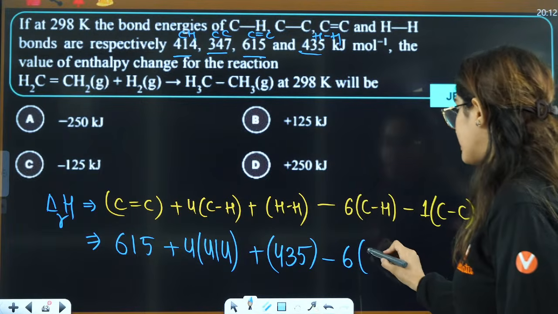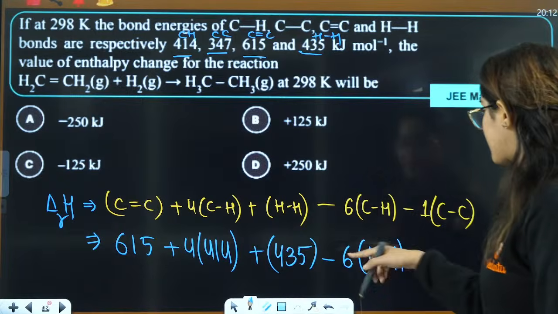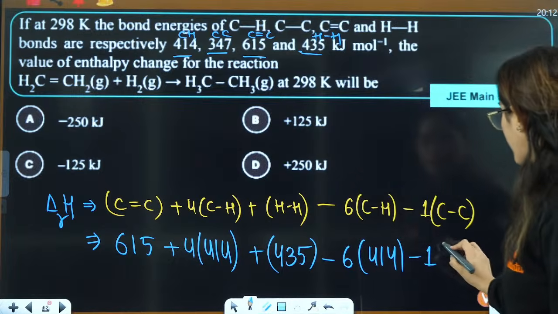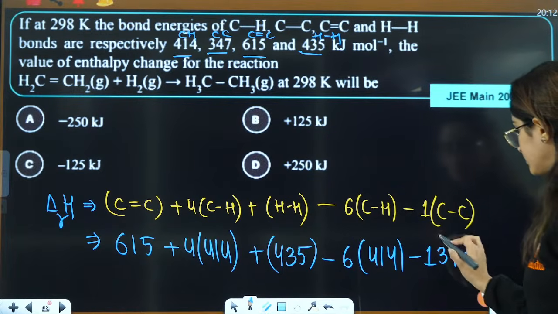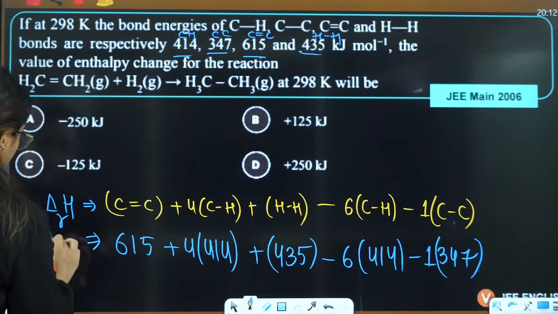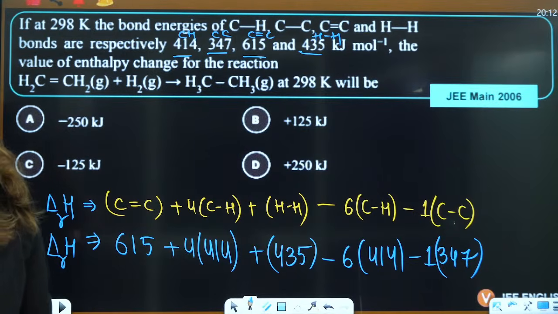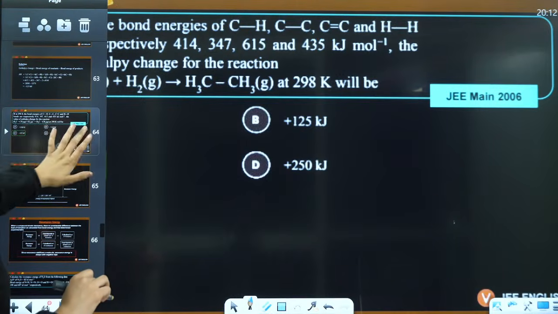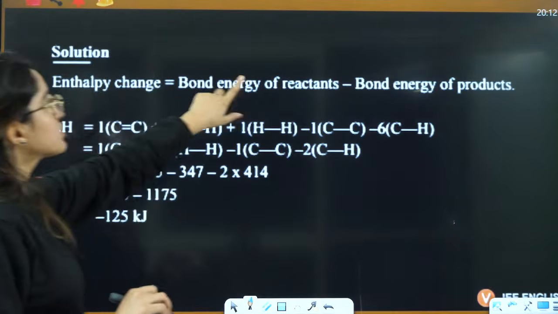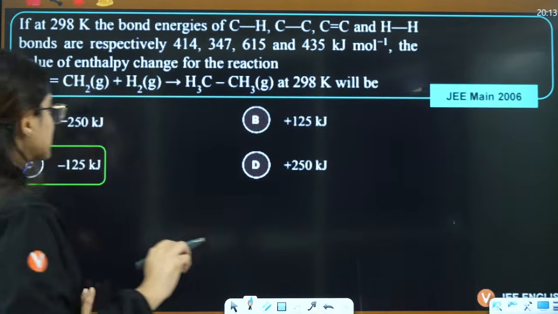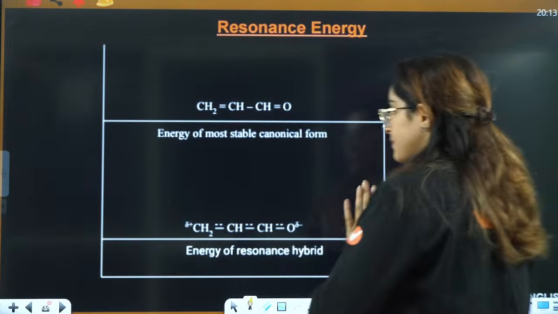So that is 414. This and this will directly be cancelled. Minus 1 of CC, and CC is given to be 347. Okay, solve this and you will get your answer, right? That's how you solve bond energy of reactants minus products, and you will get your answer as C, which is the correct answer here, right?